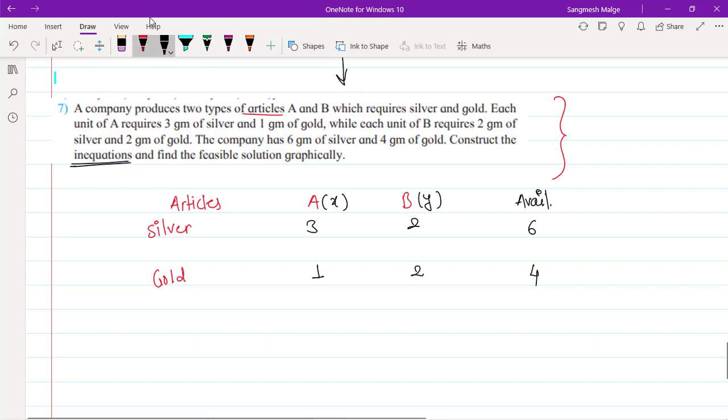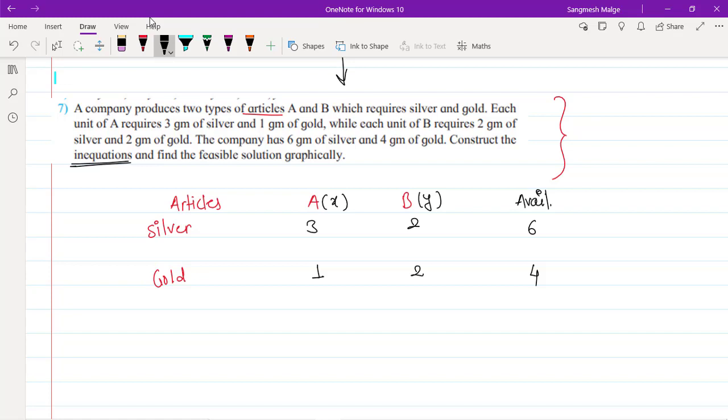Okay, now tell me what will be the solution set, the inequations here. You can use any number of grams of silver and any number of grams of gold, but you cannot exceed your utilization for silver and gold, which is 6 grams and 4 grams respectively.